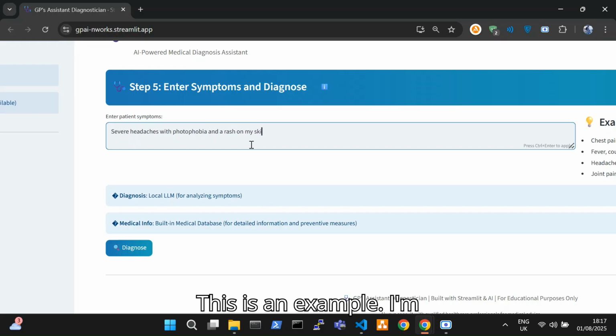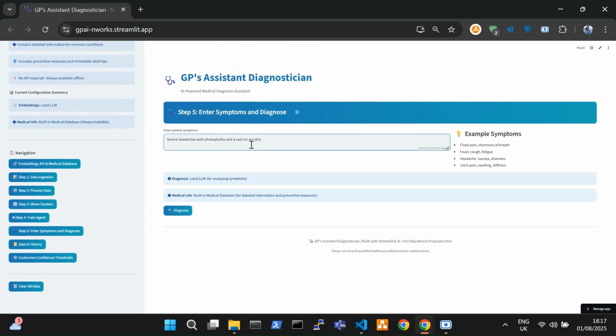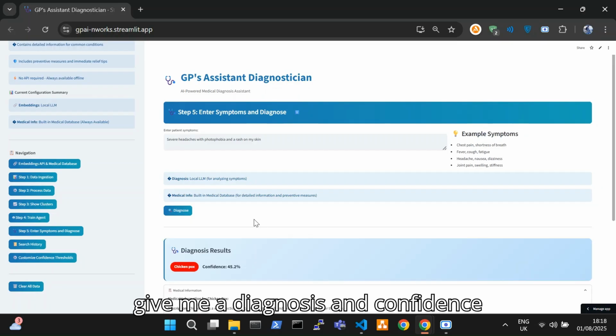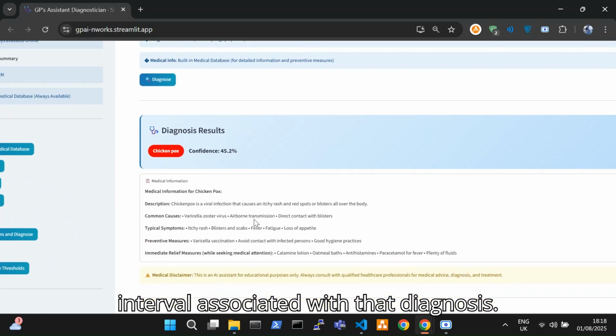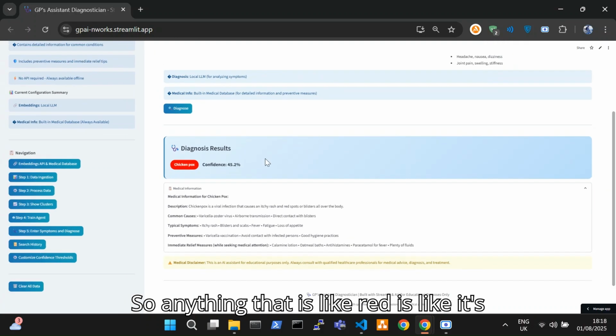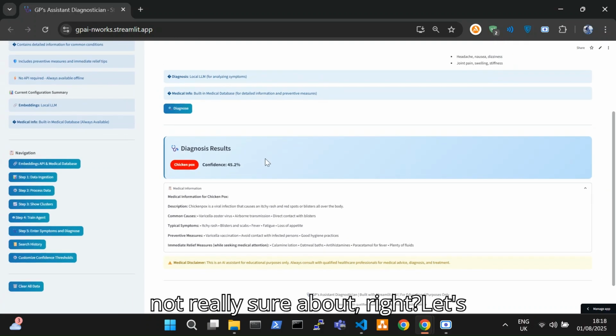This is an example. I'm going to hit diagnose, and it's going to give me a diagnosis and a confidence interval associated with that diagnosis. So anything that is red, it's not really sure about, right?